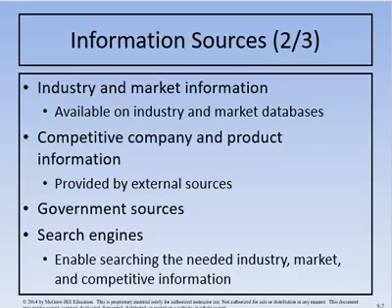The competitive company and product information is provided by external sources, the government sources, search engines. Have you heard about Google Trends? If you never heard about Google Trends, you may Google it now. Through Google Trends, you can see the trend, the keywords that people currently search for.